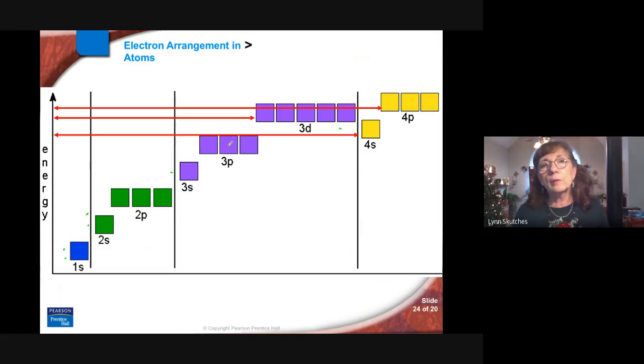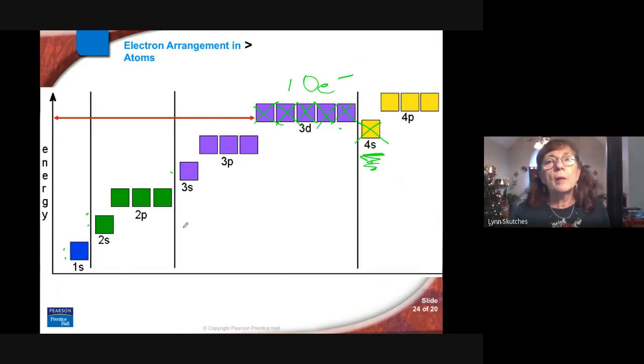However, there's this weird little thing that happens when you get to the 4th energy level. The s orbital only gets 2 electrons. These d's get 10. And those 10 electrons are all negative. They're all repelling each other. They don't want to live next to each other. So it takes just a little bit more energy to keep them in there. So again, I'm going to go back to the periodic table.